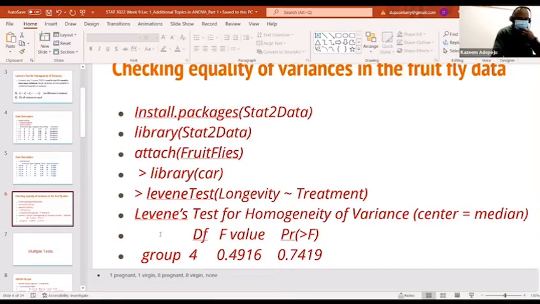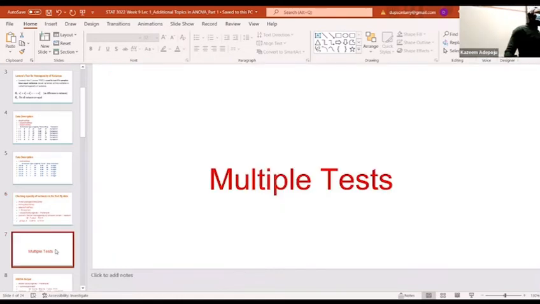The next thing I want to do is go into multiple tests. Let me tell you this. What if somebody asks you: why, when we have 3 groups that we want to compare, do we need to use analysis of variance?